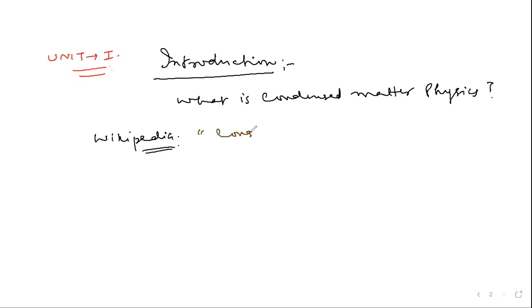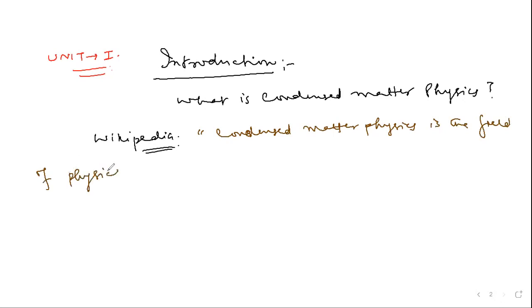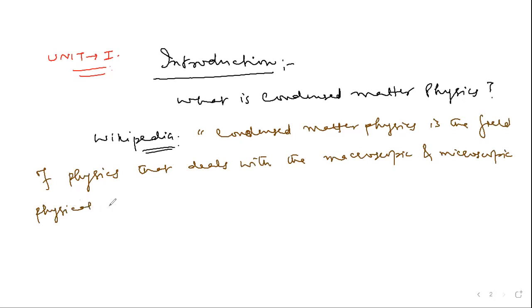It says, condensed matter physics is the field of physics that deals with the macroscopic and microscopic physical properties of matter.